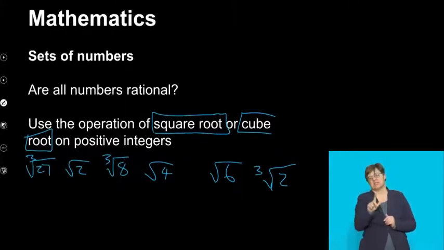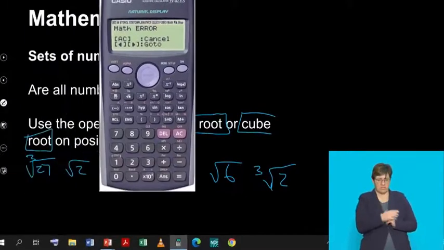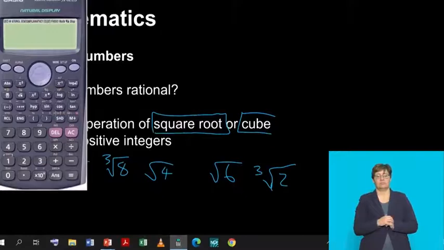Let's just play around and see what numbers we are going to get. Cube root of 27 gives me 3. So that's a whole number. Just memorize that for me.